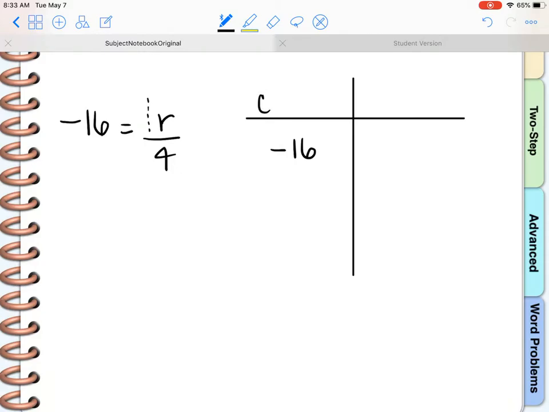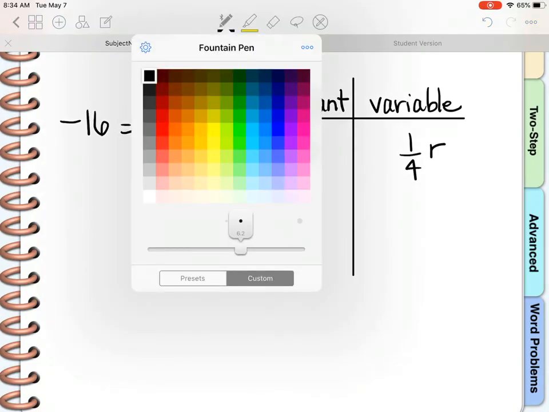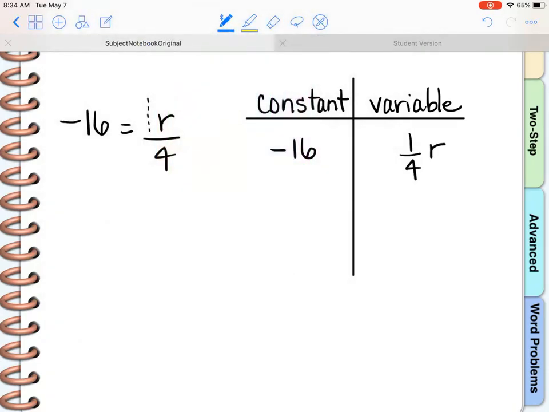We've seen this before. We've talked about it doesn't matter if constant or variable is first. So this is 1/4 r, and it is the 1/4 that we need to move. So let's put the reciprocal there and the reciprocal there and cancel.